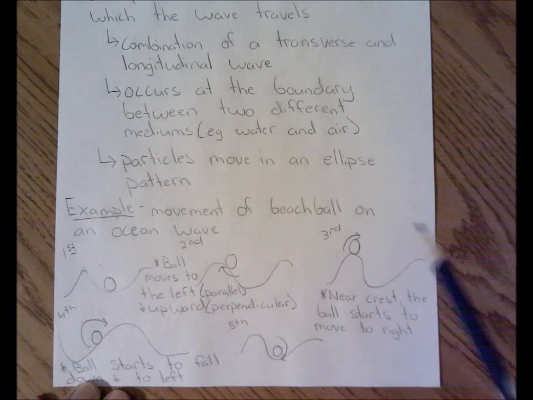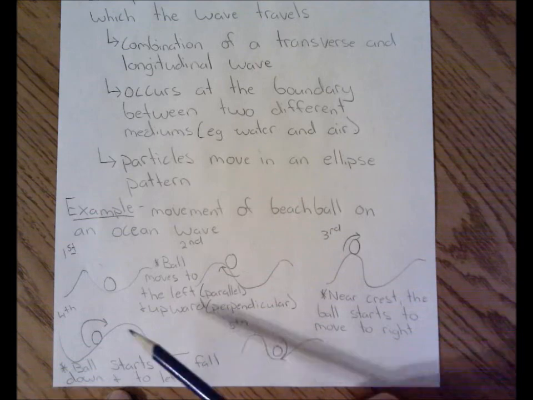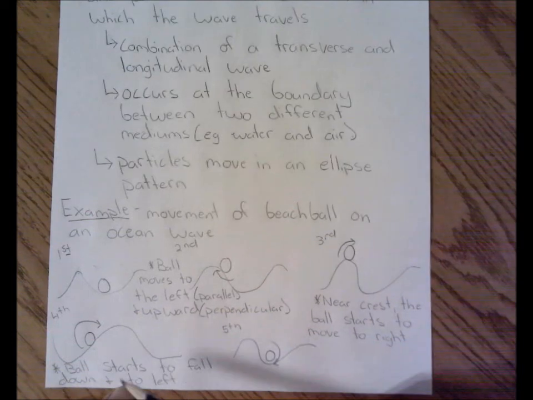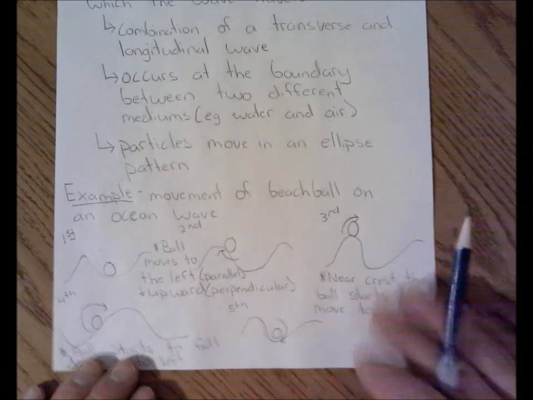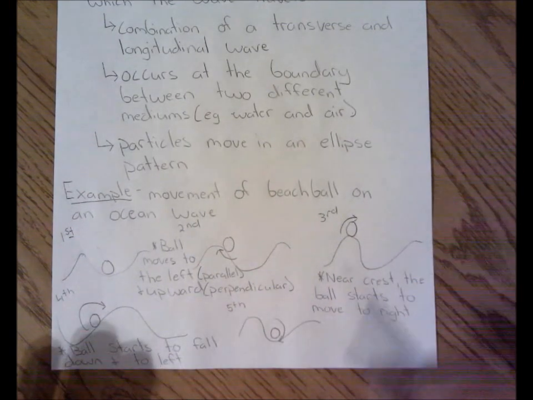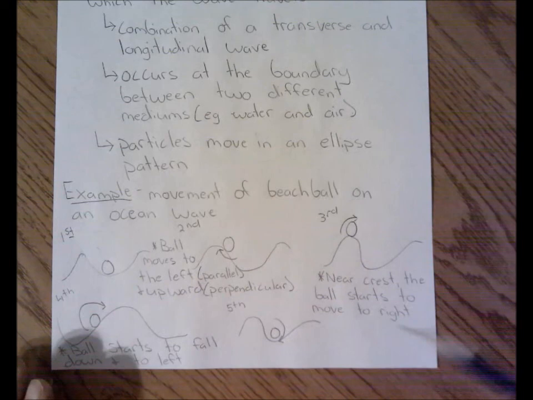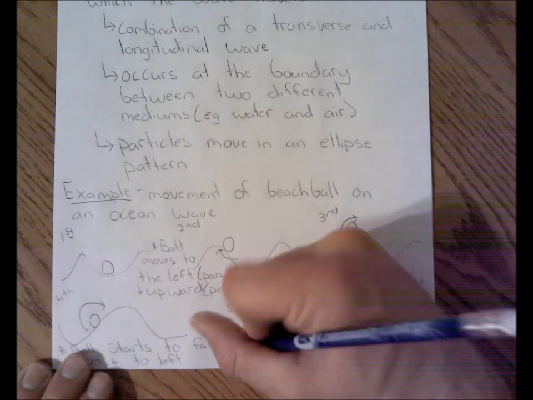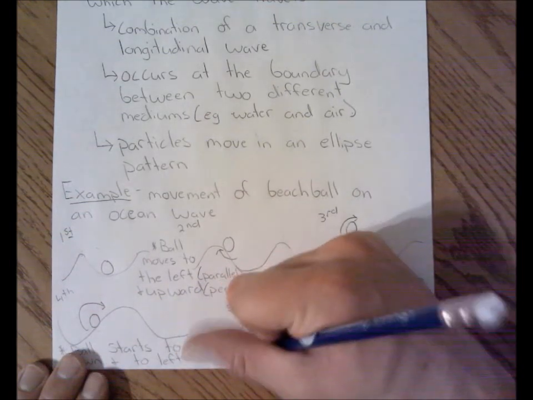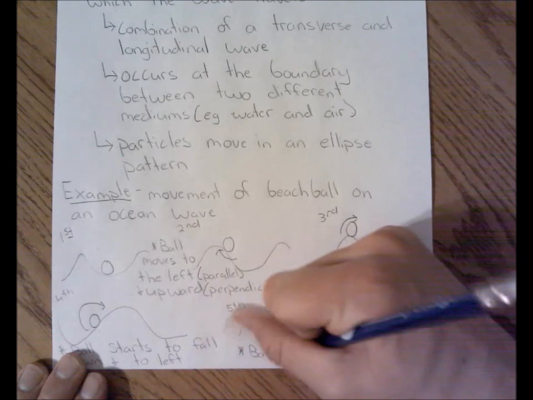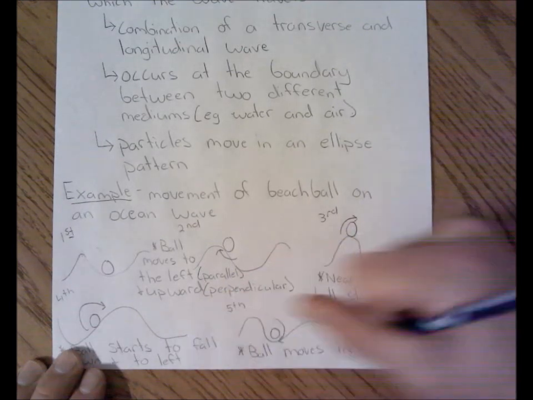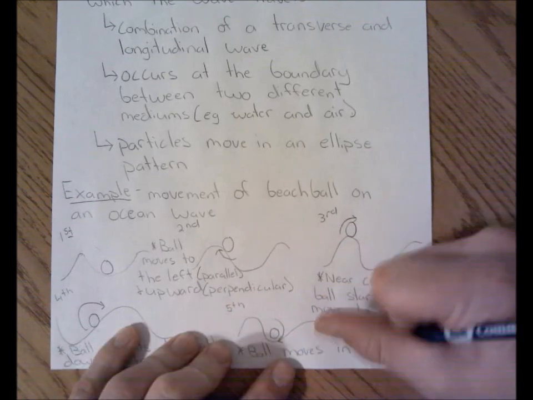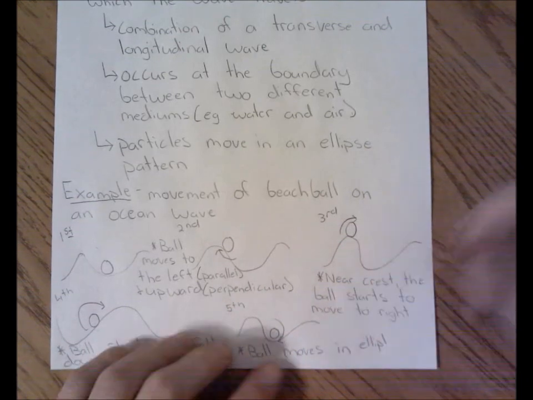If you combine all of these movements of these five pictures, you get an elliptical pattern, or the ball moves in an elliptical pattern. So that ball moves in an ellipse.